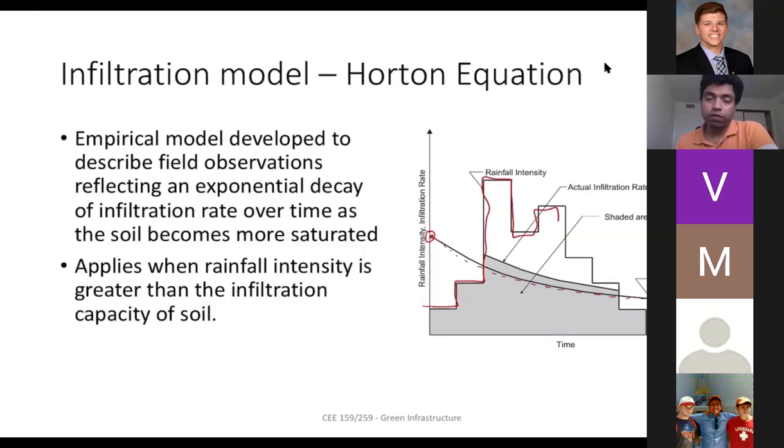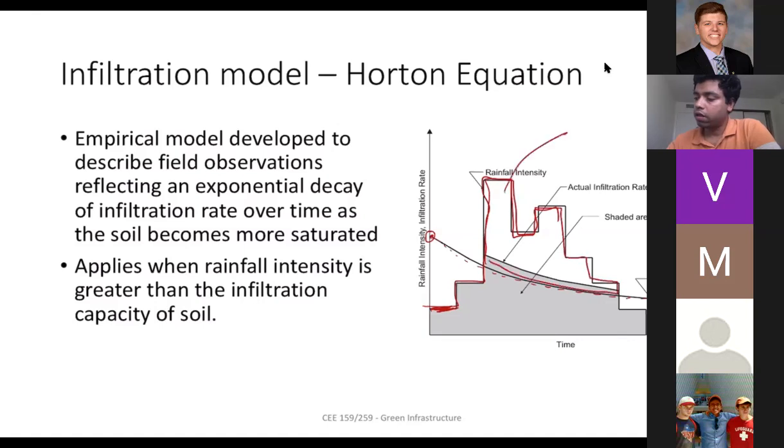Another way to say it is, initially whatever rainfall happens here, the amount of rainfall received is a lot less compared to the capacity of the soil to infiltrate. That means all the rainfall the soil receives in the beginning will become infiltrated into the ground. Nothing will run off. So the rainfall that causes runoff is only this small portion.